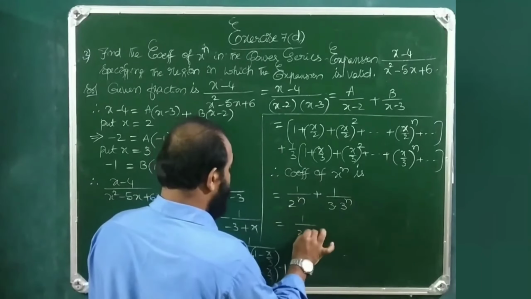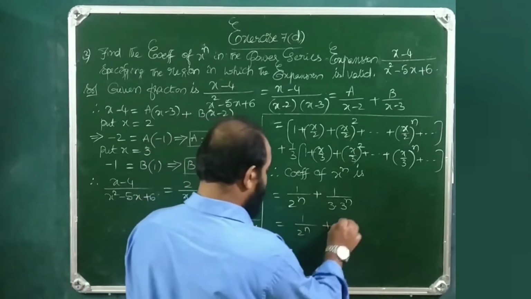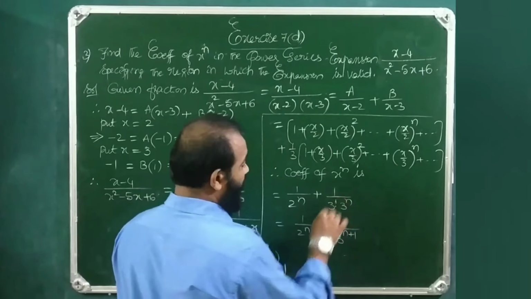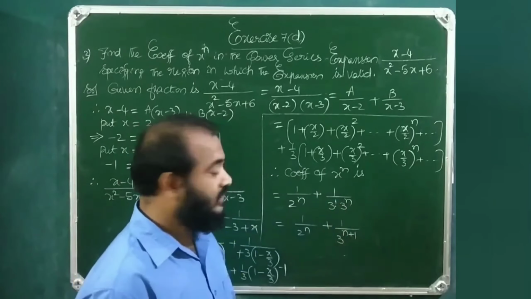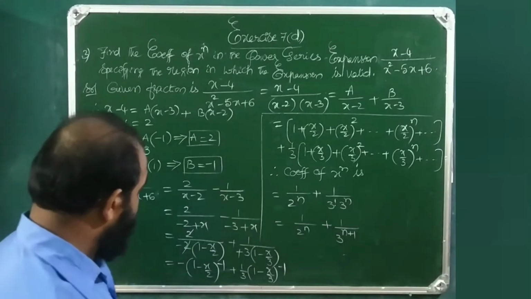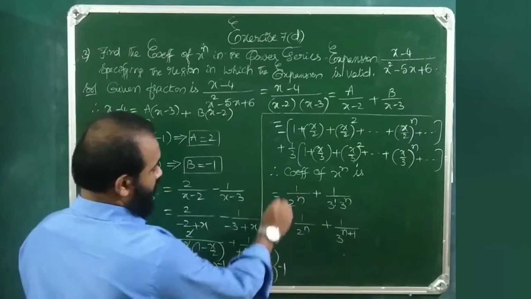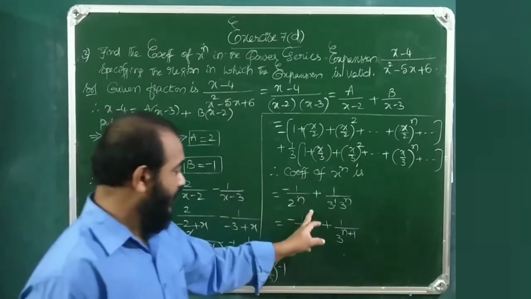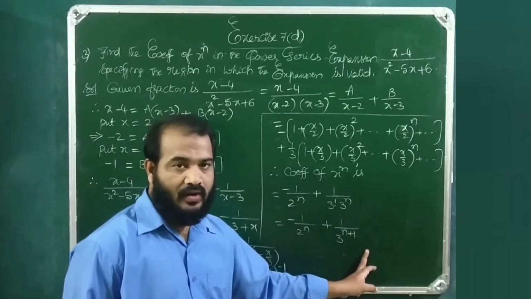Therefore the answer is 1 by 2 power n plus 1 by 3 power n plus 1. Here bases are equal, exponents are to be added. So 3 power 1 plus n. So here minus is missing. So the answer is minus 1 by 2 power n plus 1 by 3 power n plus 1.